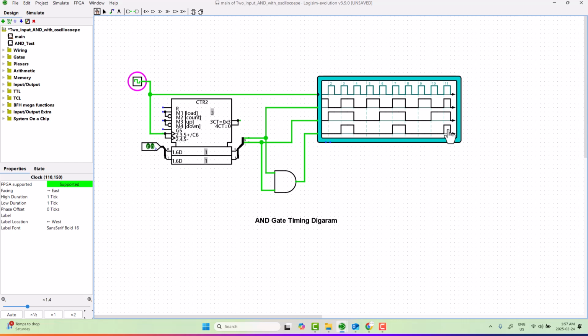Another interesting thing that we notice is that the output only gets affected during the rising edge. Although the signal will be on for a time. So let's just do this. You can see it here. The output gets affected only when the clock is on the rising edge.